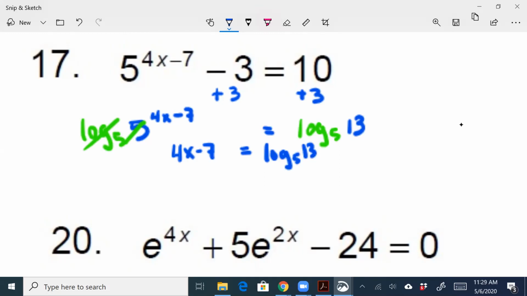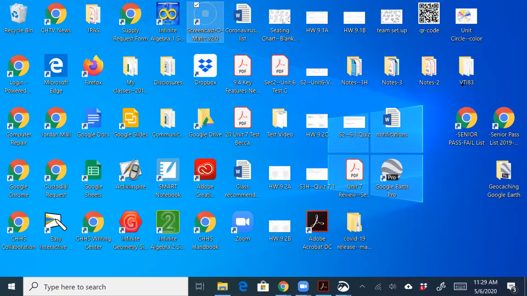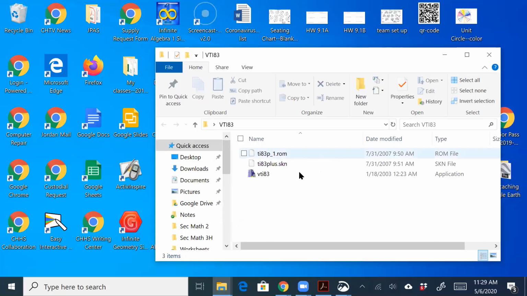Just as an aside, log base 5 of 13 is equal to log of 13 over the log of 5. Let's pull up our virtual calculator.